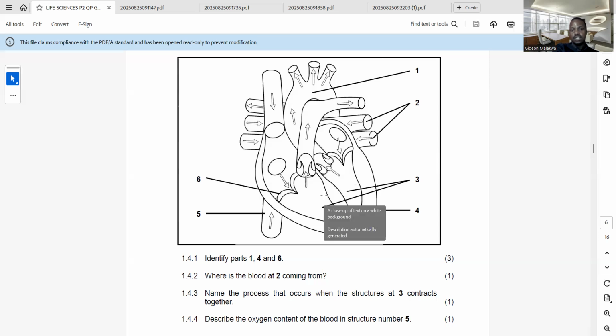So now, guys, the significance of this is that the ones at 3, when they contract, are squeezing the bottom chambers of the heart, and that causes the blood to be forced up into those tubes, into the parts where the arrows are showing. Why it goes there is because we've got the tricuspid and the bicuspid valves before.